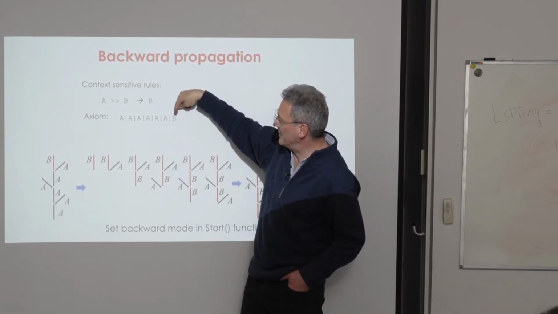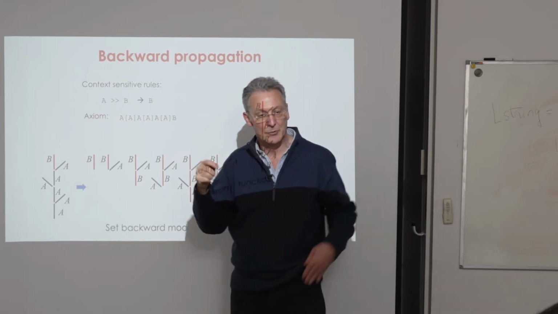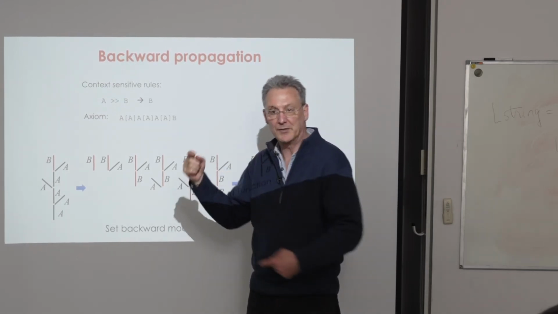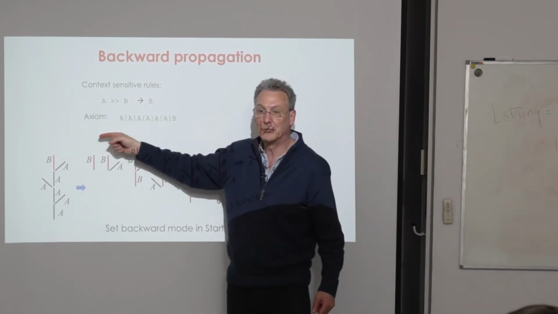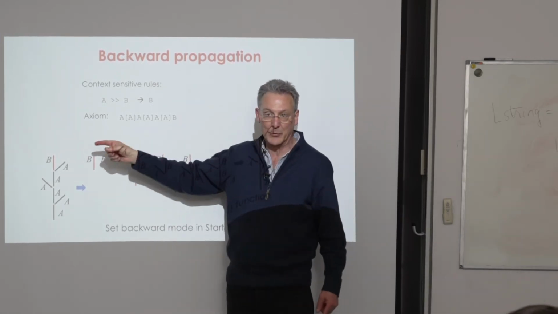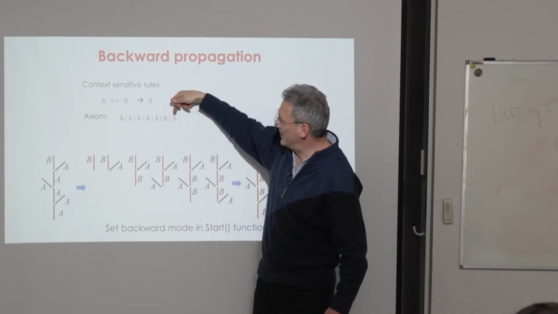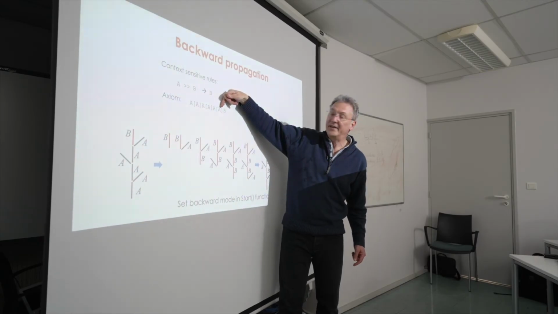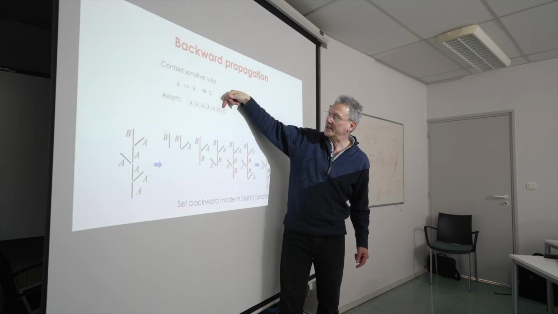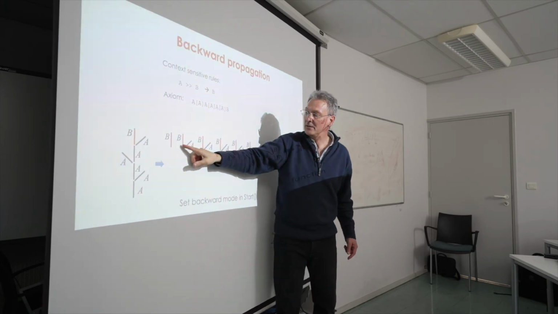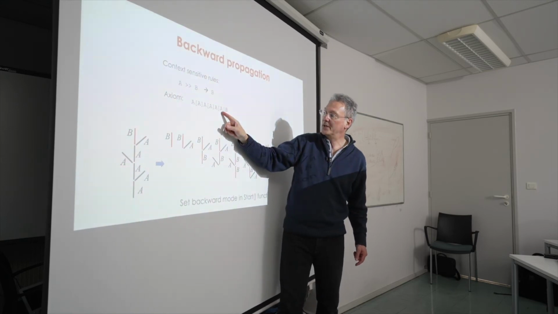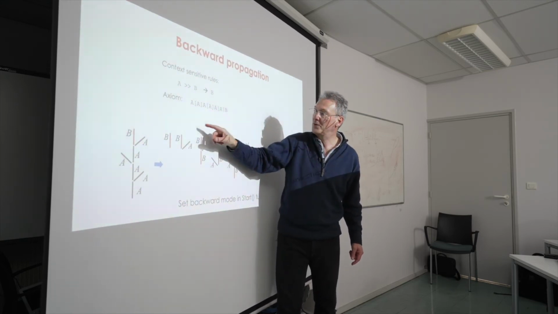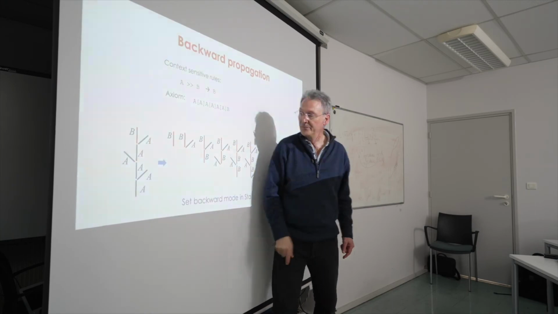So there is a possibility to indicate to the system to read right ways or left ways. Here I indicate to the turtle to read backward. So I start with a B, and then I find an A, a bracket, an A. So B, bracket A. This is not modified with respect to the original string.